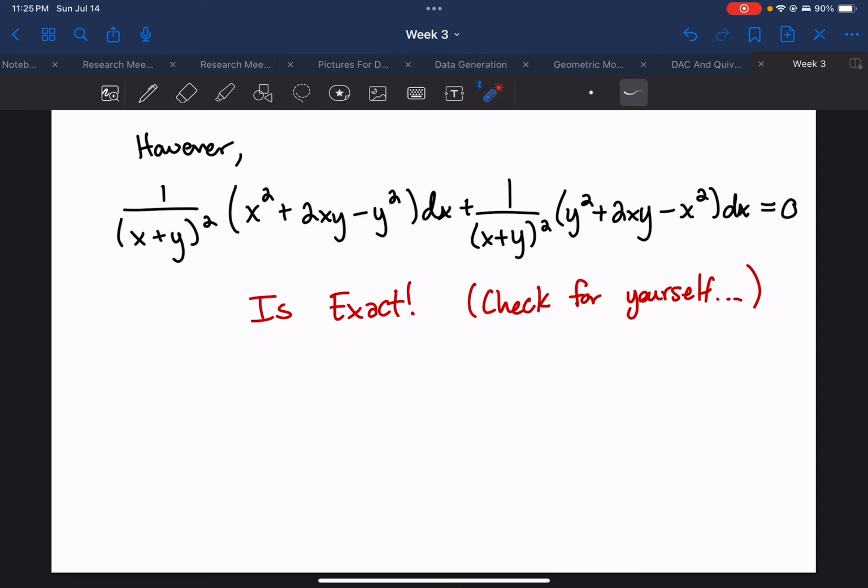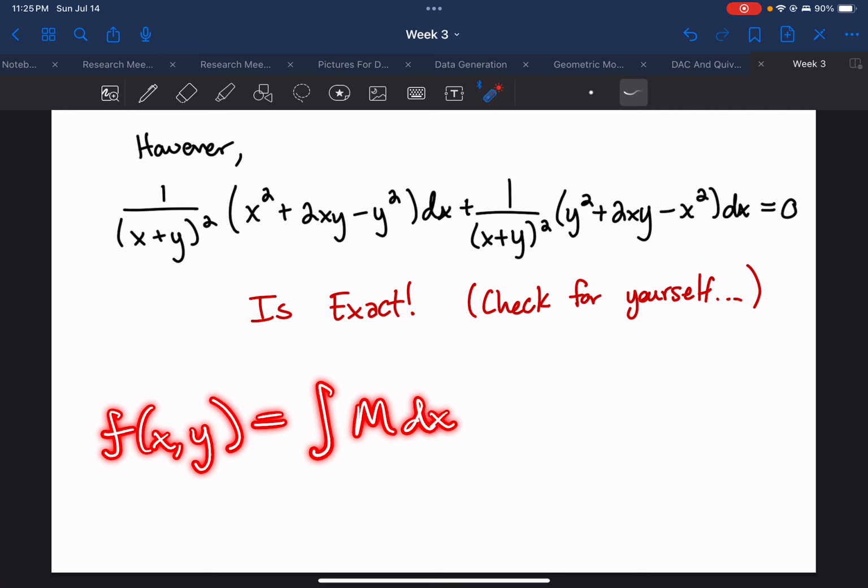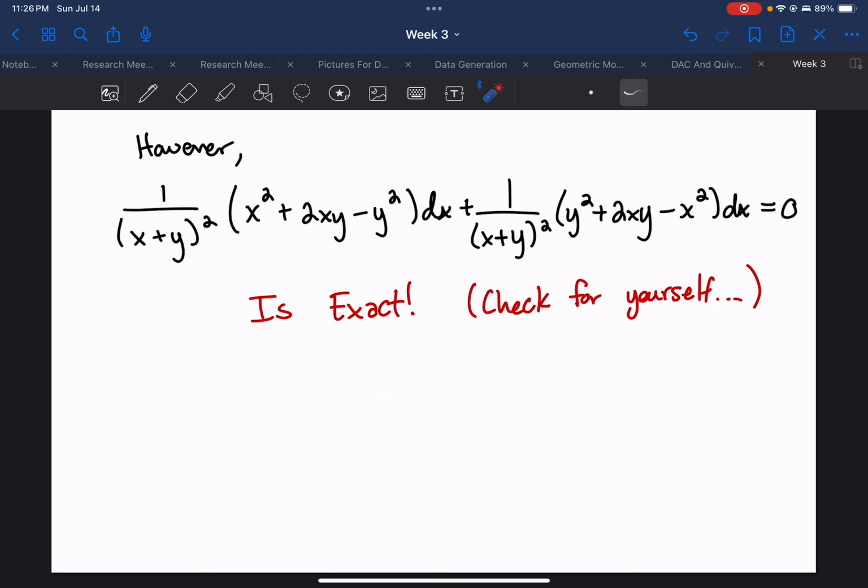If that's the case, you can take f to be equal to the integral of m dx or the integral of n dy. You can take f to be one of these two things, and then you differentiate it.